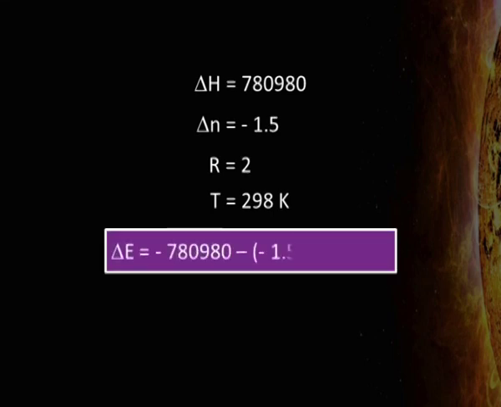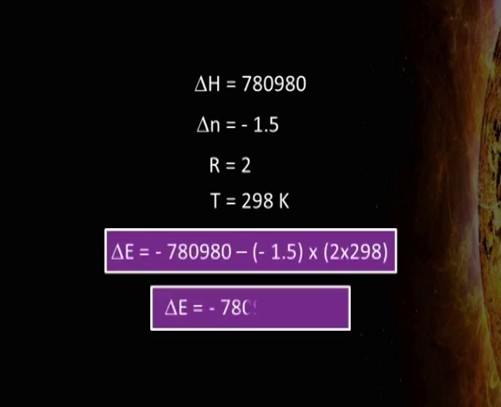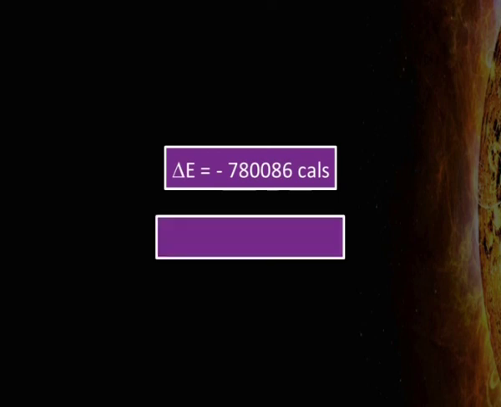We will have delta E equal to minus 780,980 plus 894, which is equal to minus 780,086 calories or minus 780.086 kilocalories.